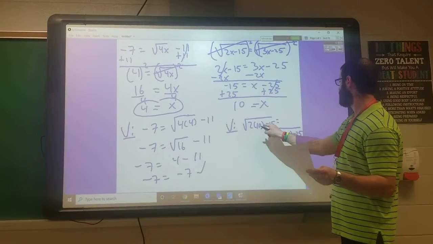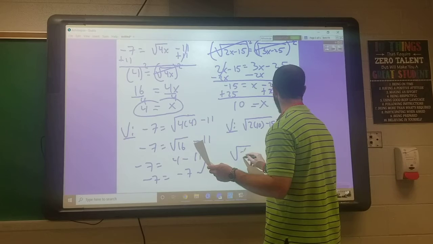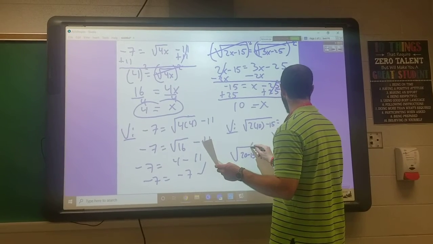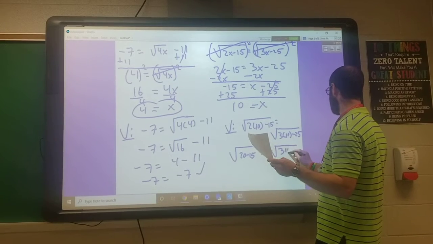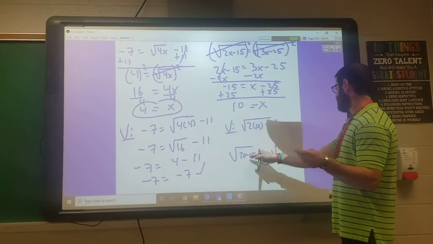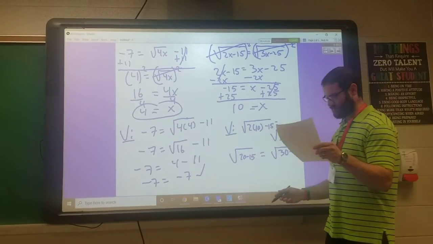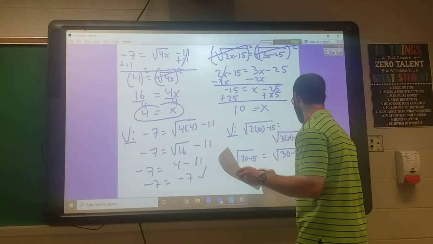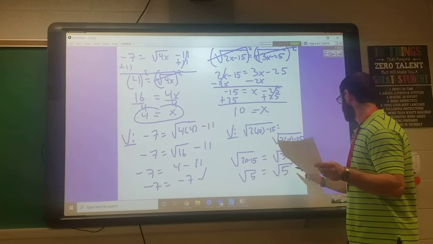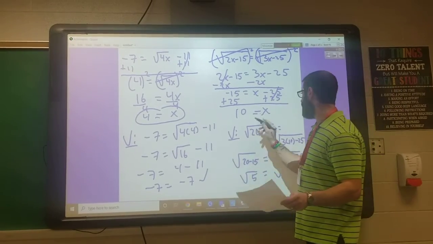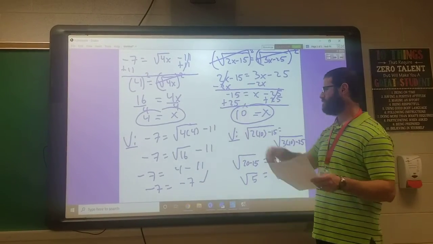Okay, so 2 times 10 is 20, so 20 minus 15, and 3 times 10 is 30 minus 25. What's 20 minus 15? That's 5, right? So square root of 5. Other side, 30 minus 25, also 5. So again, that verifies that 10 is the correct solution.